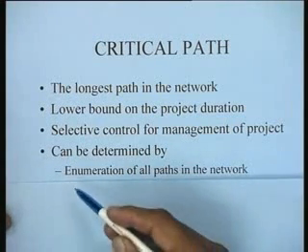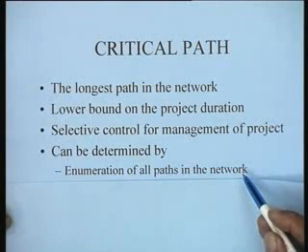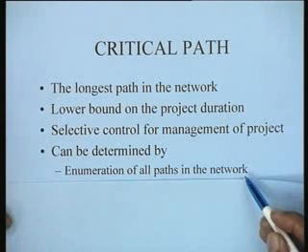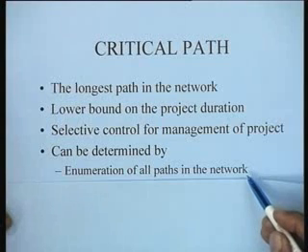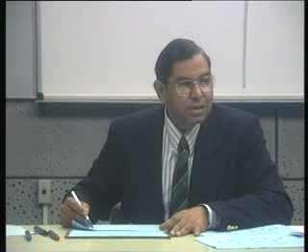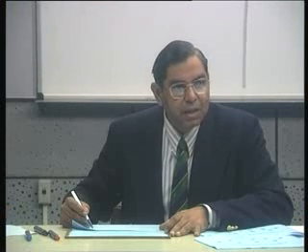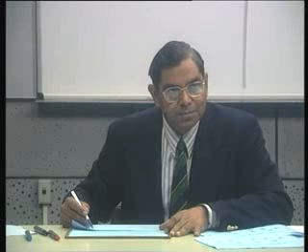So selective control for projects, and this critical path can be determined in a variety of ways. One of the simplest methods, or a naive method, for determining the critical path is by enumeration of all the paths in the network. This would give you not only the longest path, but the next longest path and all the paths in the project network. And there could be many applications in project network analysis where one might be interested in not only the critical path but the subcritical paths.